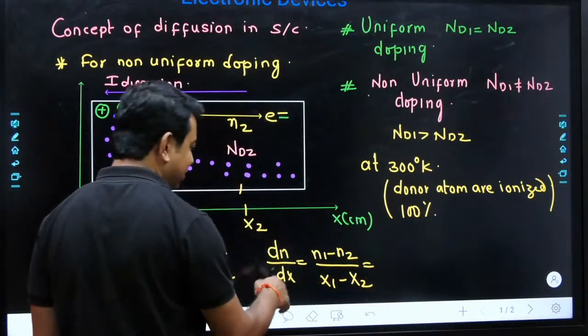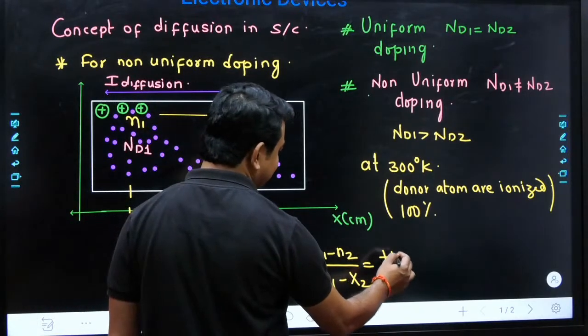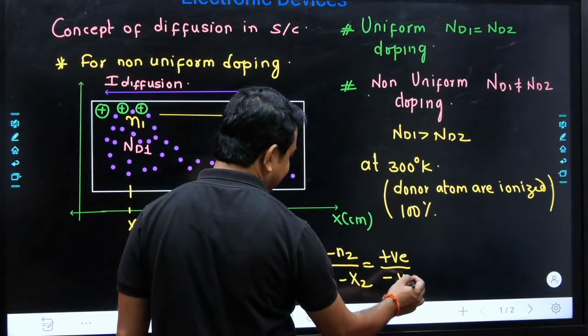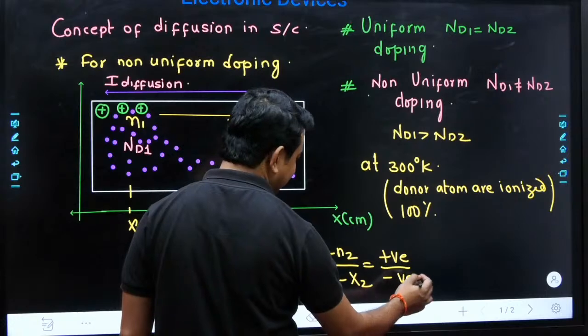Since n1 is greater than n2, we have a positive value in the numerator. Since x2 is greater than x1, we have a negative value in the denominator.